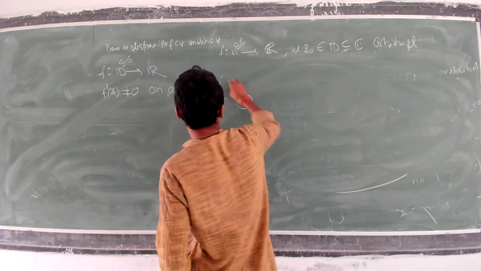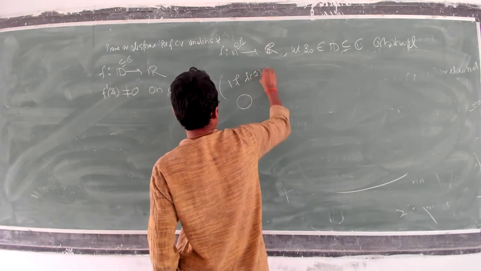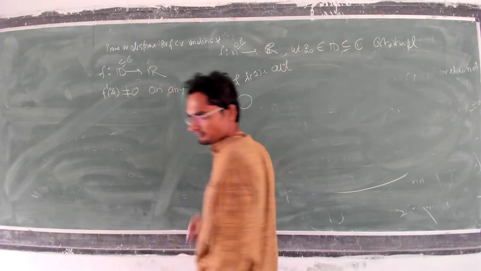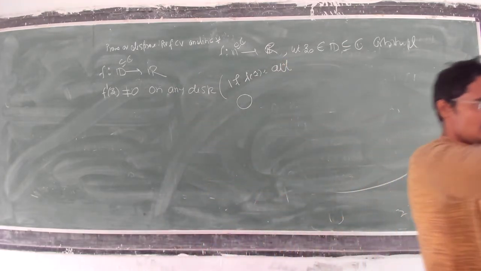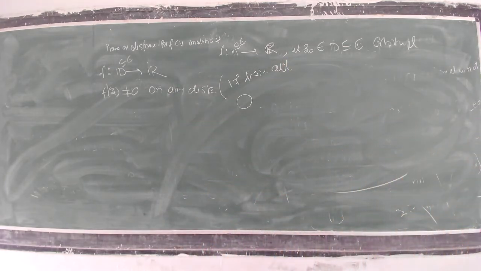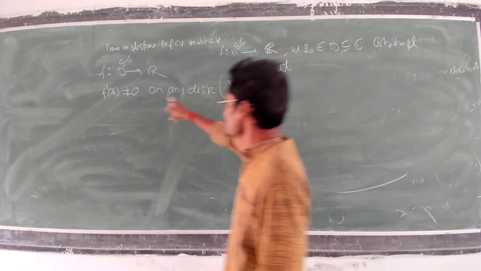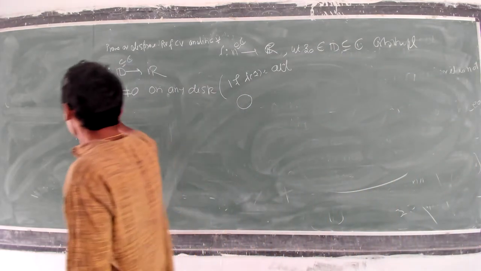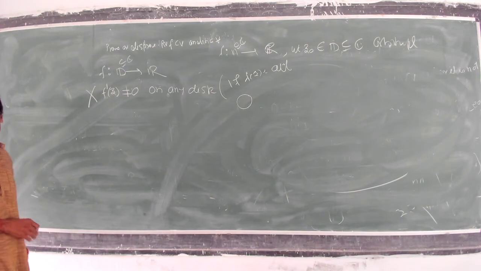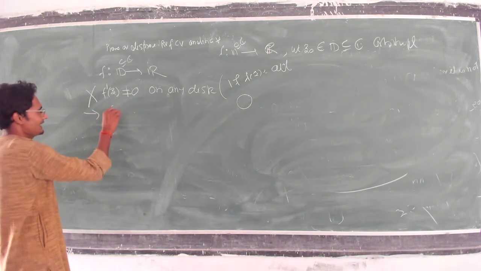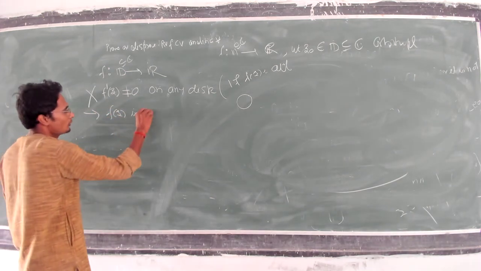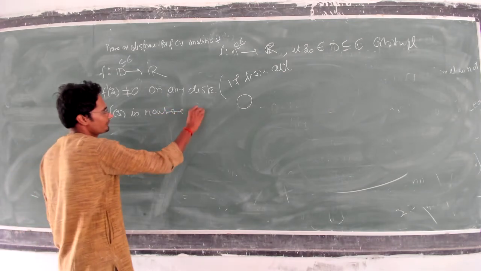This is possible if f(z) is constant. That we had already seen, the function is analytic everywhere. Since this is a non-constant function, this is not possible. This implies that f(z) is nowhere analytic.